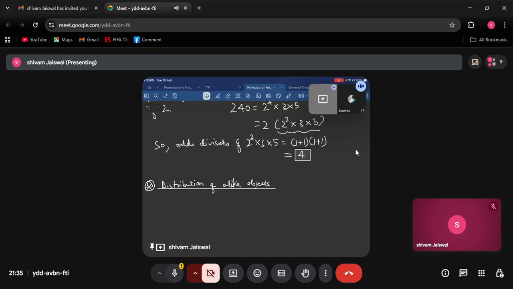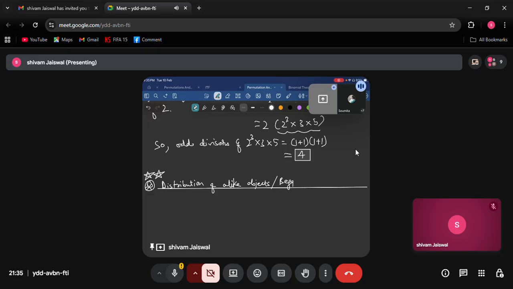Distribution of alike objects. Or you can say Beggar's method. In many books, it is also taken as the stars and bars method.